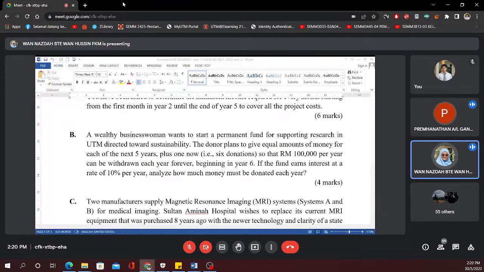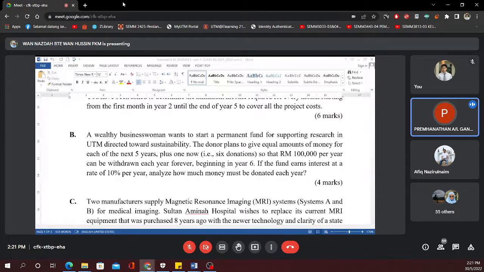On the 6th year, from year 6 up to infinity, she will be able to receive the annual income of about 100,000 per year. So from year 0 up to year 5, how much does she need to invest?